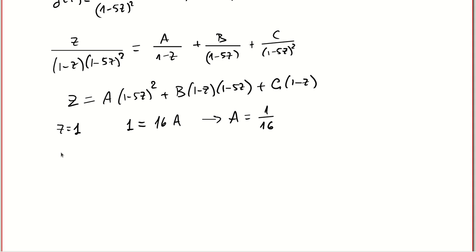Right, now we take z equal to 1/5, okay, and this factor cancels, this factor cancels. We just have this one surviving, so we have 1/5 is equal to c times (1 - 1/5), which is 4/5. So c is equal to 1/4, all right?